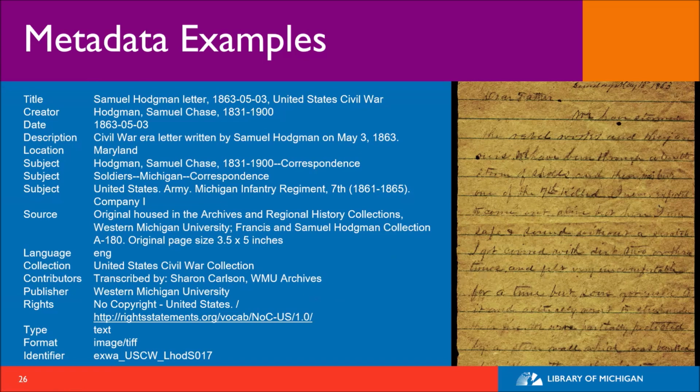And we know that he wrote it in English, even though the handwriting is not always the easiest to read. We've added a contributor field as well, which is another simple Dublin Core element, since this item was transcribed, and so we've added the name of the transcriber.